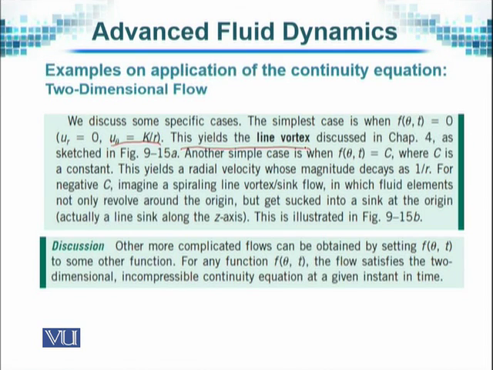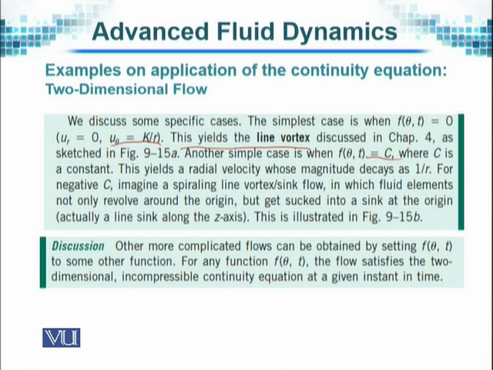Another possibility is that f is not 0, but some absolute constant like 1, 2, 3, minus 5 or something like that, and then a different flow field will occur, and different streamlines will be reflected when we draw the graph.